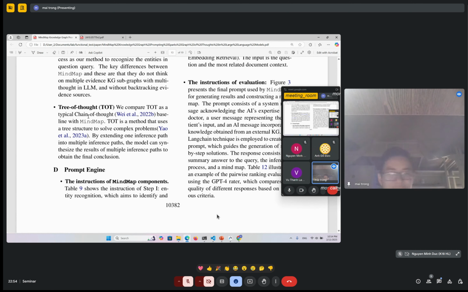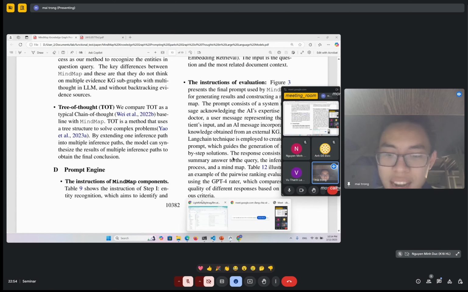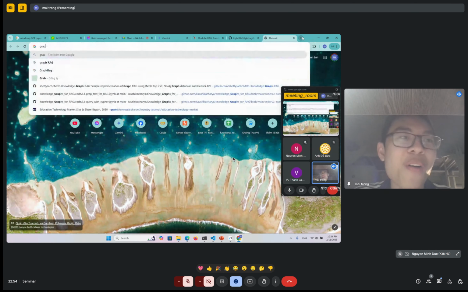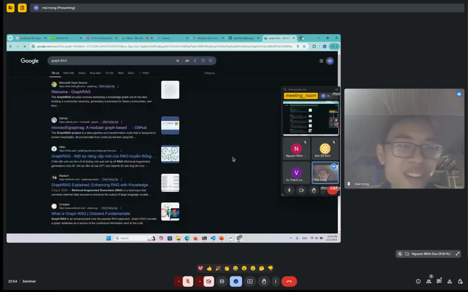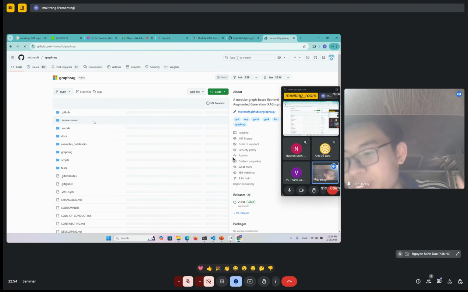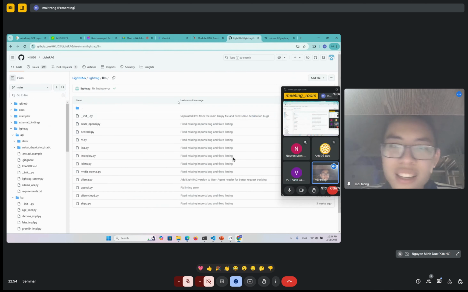Okay, about these questions, if you look at the open source I said, LightRAG, I chose. There is also a real GraphRAG, but I don't mention it in this presentation because the community said LightRAG is better.